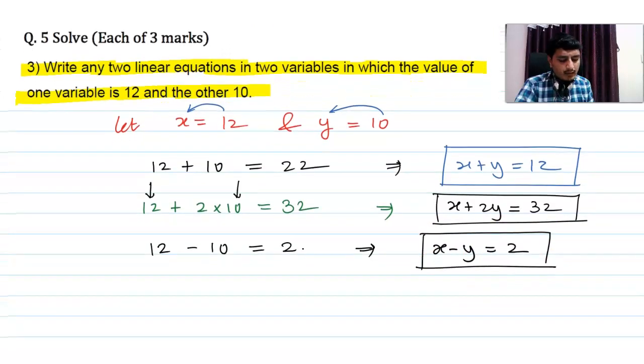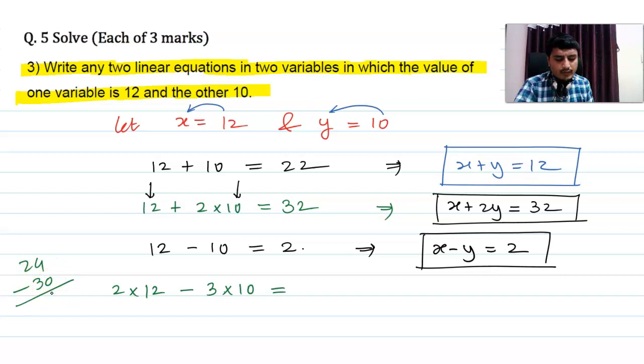Or we may have the numerical equation 2 times 12 minus 3 times 10, let it be. So 12 twos are 24 minus 3 tens are 30.